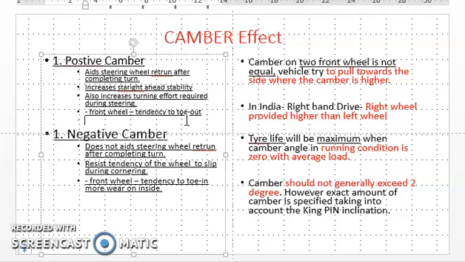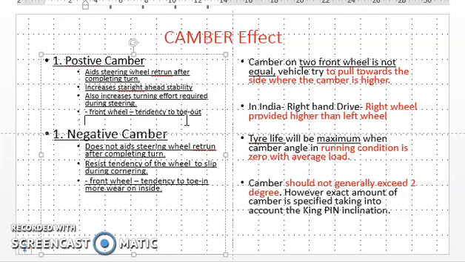The vehicle will try to pull towards the side where the camber is higher. That's why in India, where we have right hand drive vehicles, the right wheel should be provided with higher camber than the left wheel. For the front wheels you have to take care.